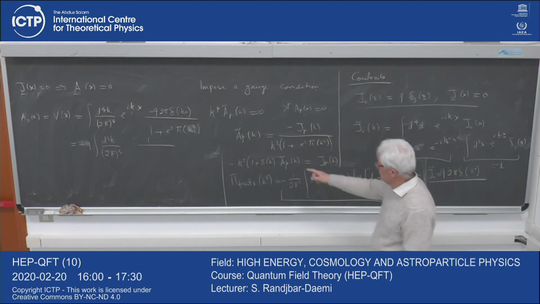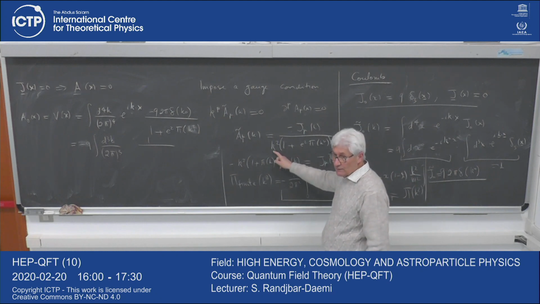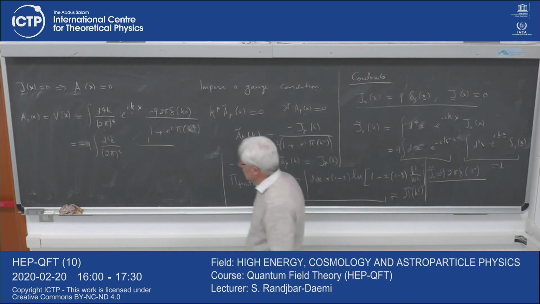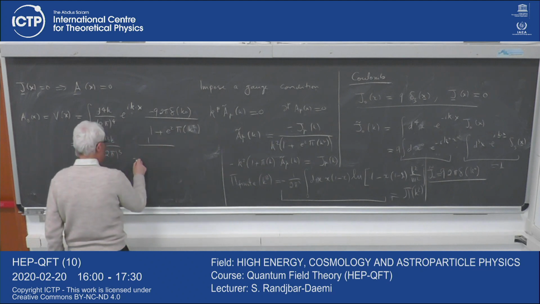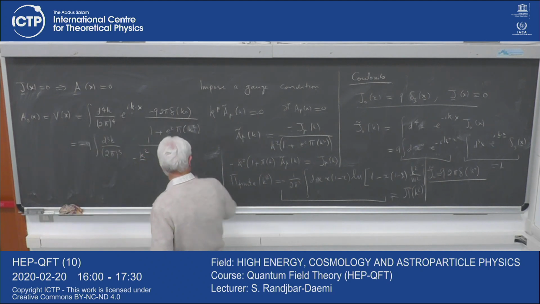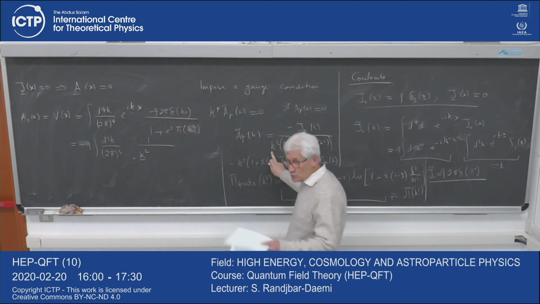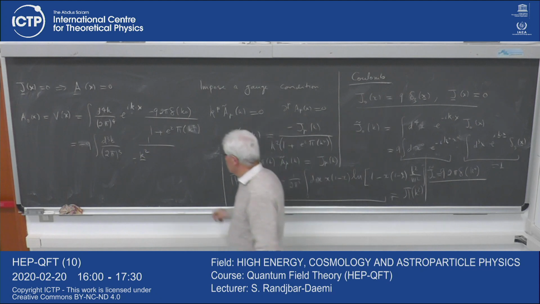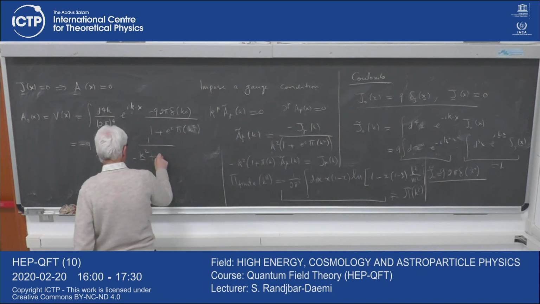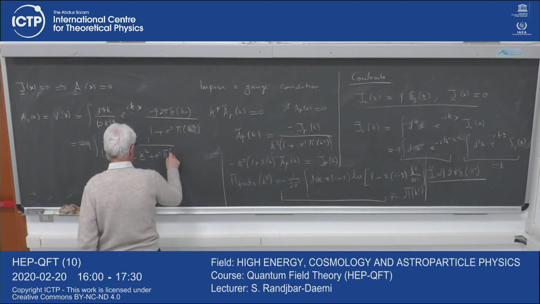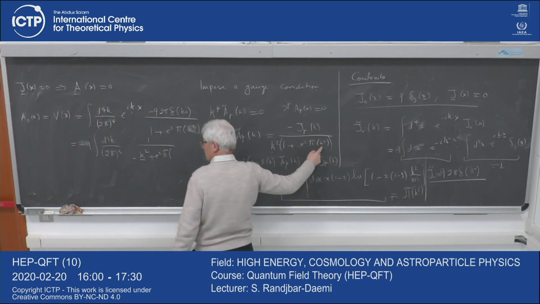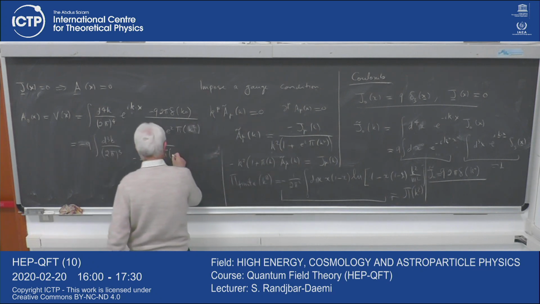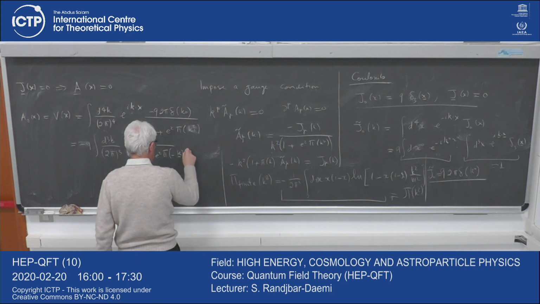Now, the delta function is telling us that the time component of k is 0. Therefore, here I will have only the space component of k, and it will bring a minus sign because k squared is k0 squared minus space component squared. Plus e squared pi of, here also we should set this time component to 0, so it will be minus the space component power 2.